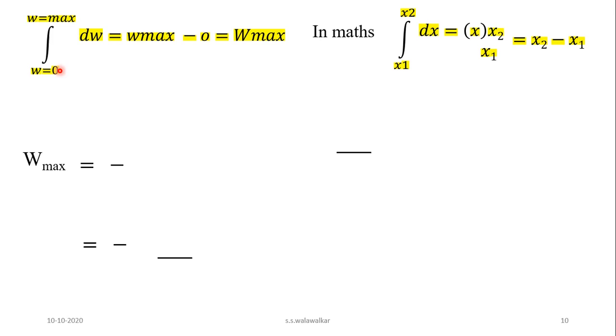Integration of dw between limits w equal to 0 to w maximum is equal to w maximum, that is upper limit minus lower limit, which is 0, and that is equal to w max. So integration of dw is equal to w max. So substituting that, w max is equal to minus integration of p dv between limits V1 to V2.